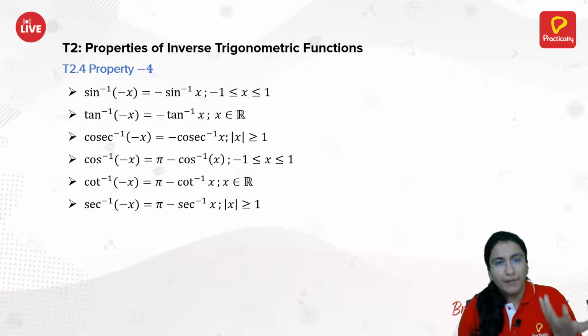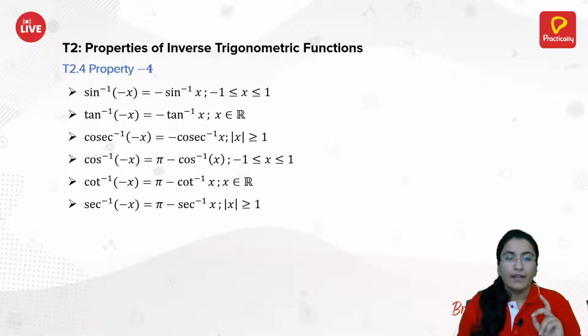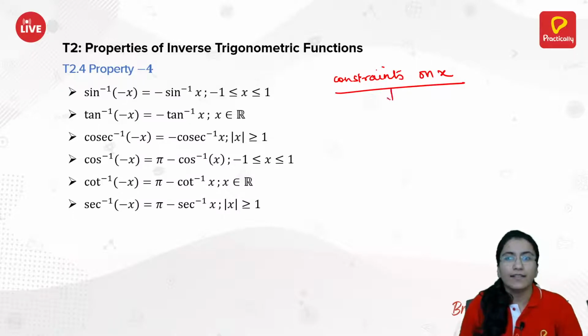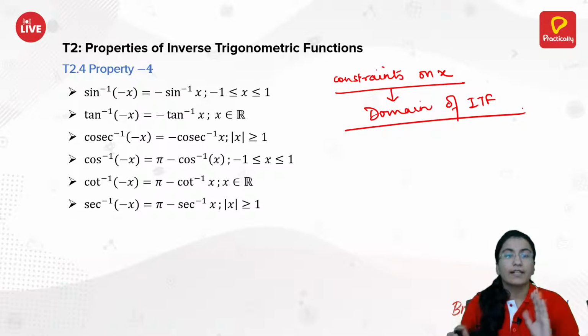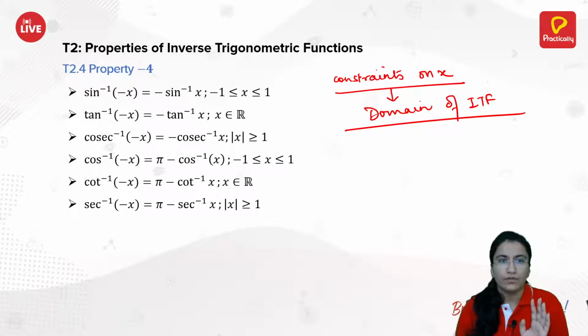Basically, how can you remember this? Here you can see all the constraints on x are based on the domain of the inverse trigonometric function, right?